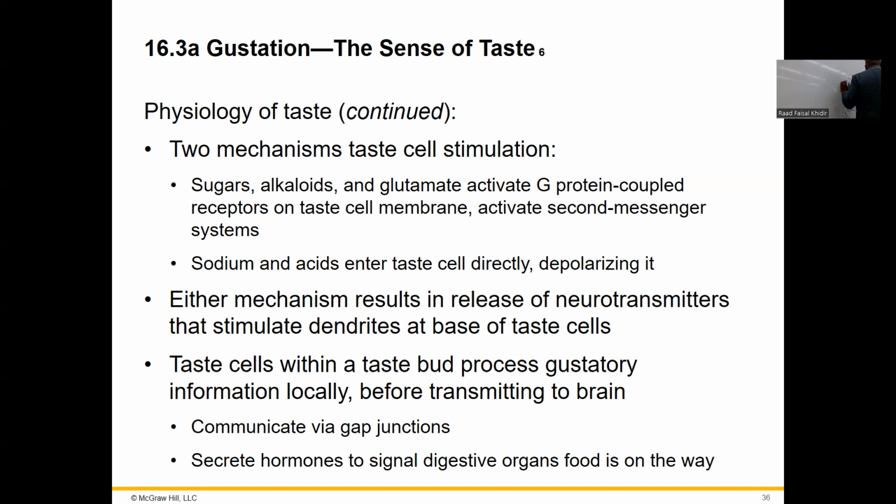The first messenger is the signal. The first messenger is the gustatory stimulus, what we just took in our mouth, the sour food, the salty food.